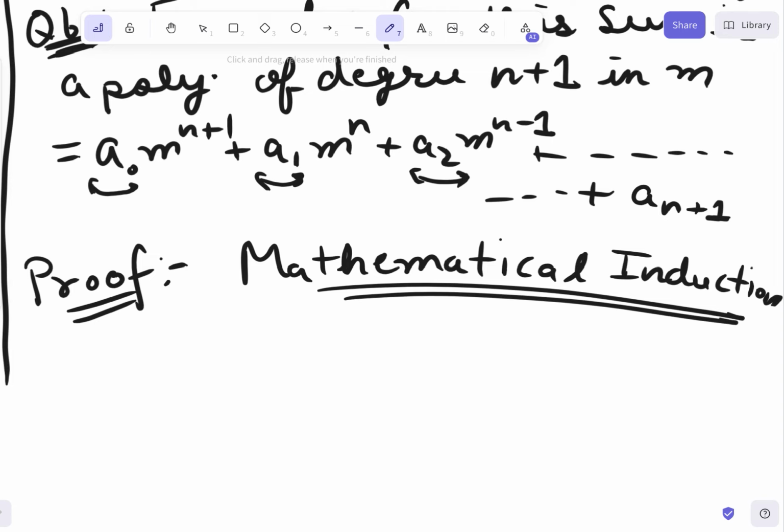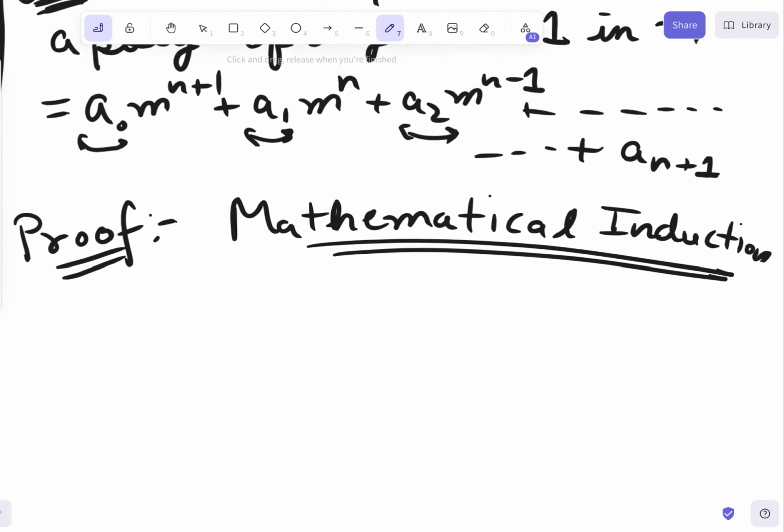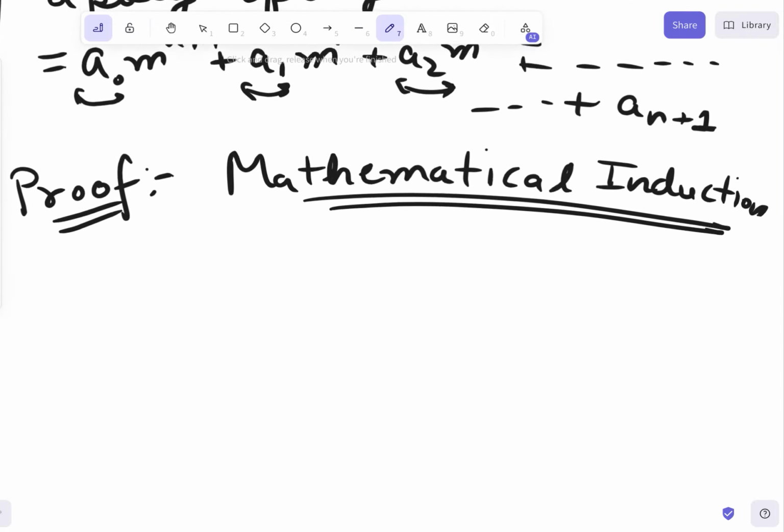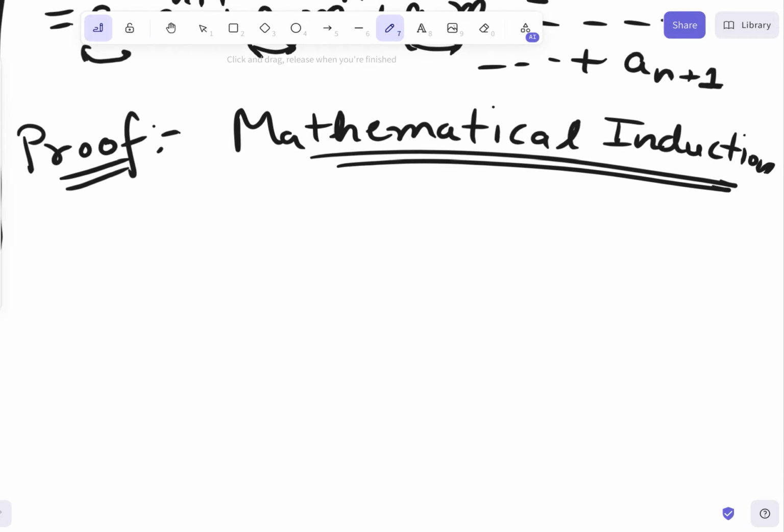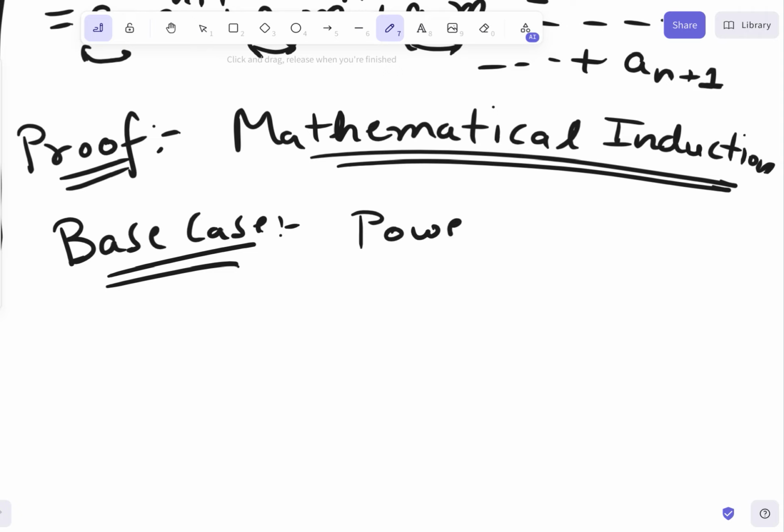You can go ahead and try to watch YouTube videos or read online about it if you don't know. But it's a fairly common technique, and you'll find a bunch of resources online. So in mathematical induction, what we do is we first prove the base case, which is let's try to prove it for power 0.